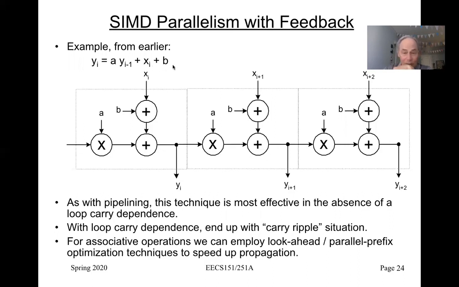So if you unroll this loop spatially, which I'm suggesting here, you've got one data path here that's responsible for calculating y sub i. And then this one would calculate y sub i plus 1. So that would take as its input x sub i plus 1, and then a and b. And of course, this iteration is dependent on the previous iteration. So that loop carry dependence turns into a wire.